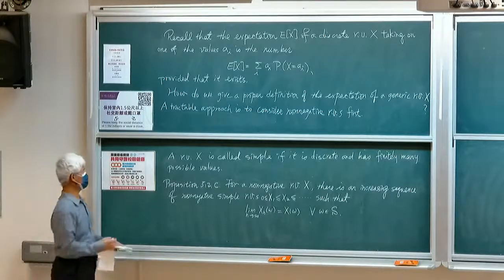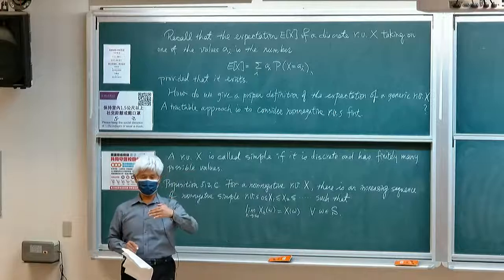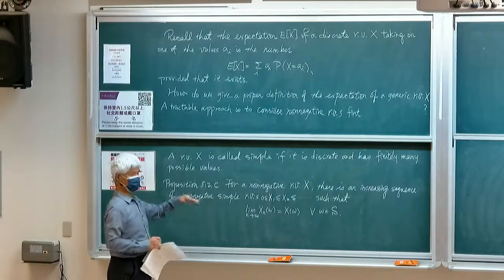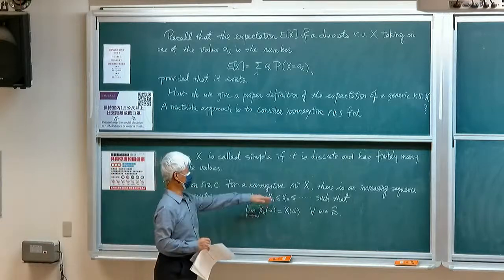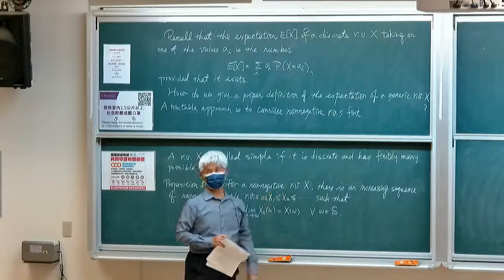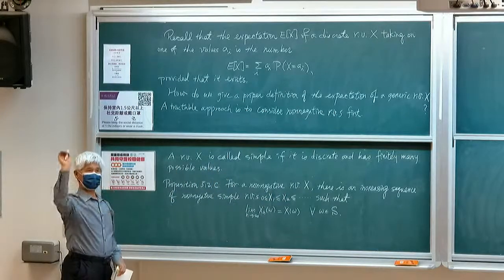So this proposition tells us that for any non-negative random variable, we can construct an increasing sequence of non-negative simple random variables which approach this non-negative random variable. So we have a kind of approximation.